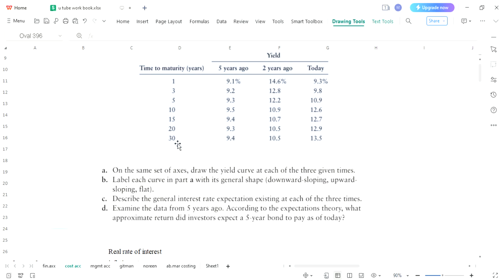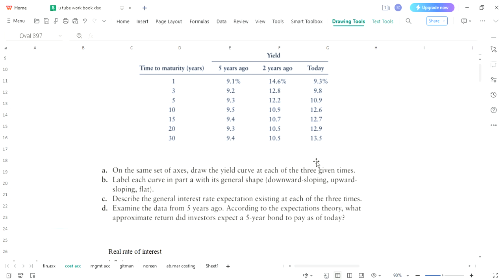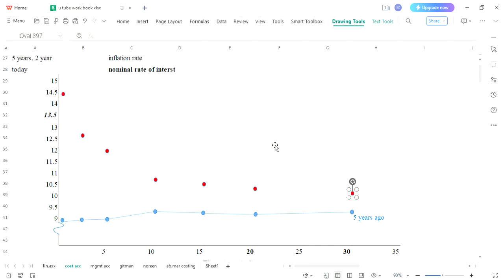This is 20 years and we need to put it at 10.5. Surprisingly we are exactly at 10.5. Okay, the next point is 30 years, and this is your 30 years. We need to put it at 10.5. That would be exactly at 10.5.